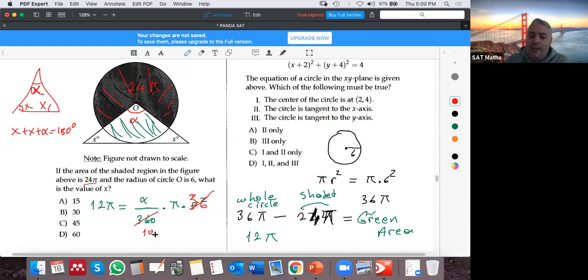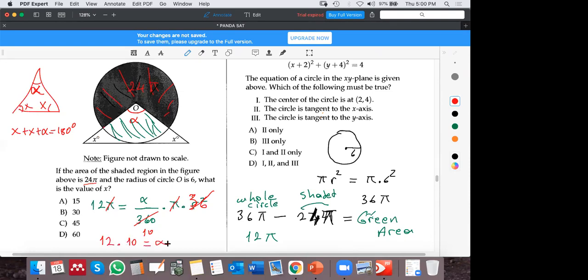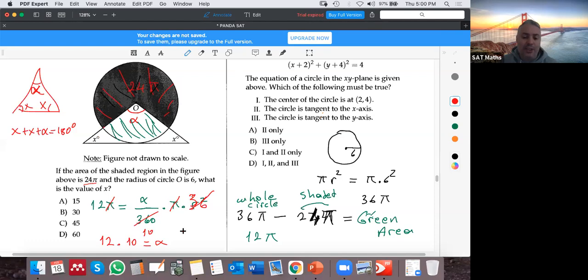If this is pi and this is pi, I can simplify. When I do cross product, 12 times 10 is equal to alpha. Check it by yourself. So alpha is 120.